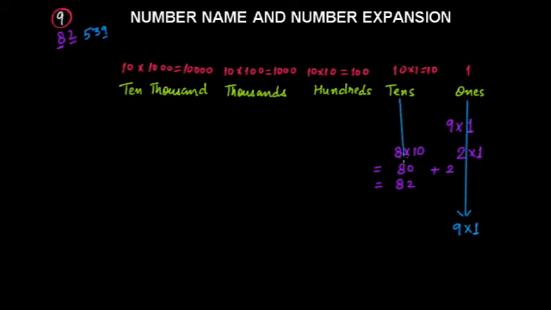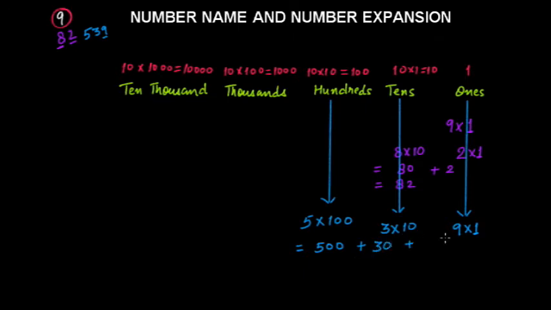Then at the tens place will come 3 multiplied by its value. Then at the hundreds place will come 5 multiplied by the value of the place. This becomes 5 multiplied by 100 is 500, plus 3 multiplied by 10 is 30, plus 9 multiplied by 1 is 9.